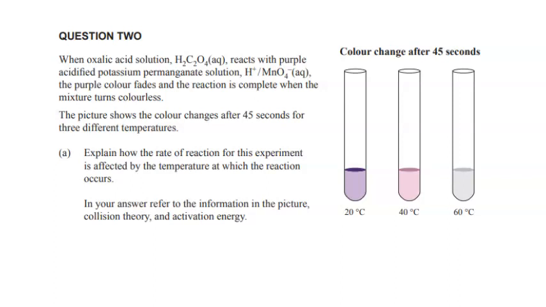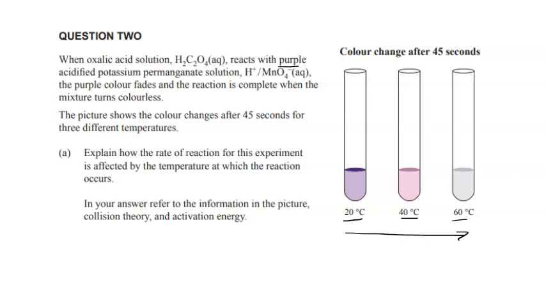So to answer this question, we can first of all just show our observation of what's going on. At 20 degrees, the solution remains relatively purple, and then as we increase the temperature, the purple colour has faded more after 45 seconds.